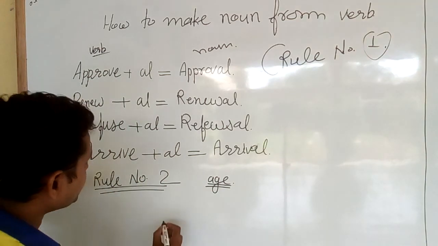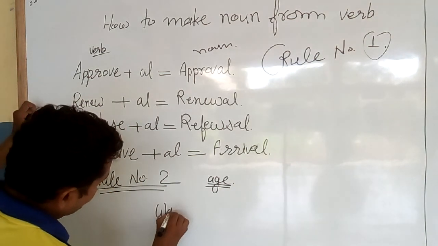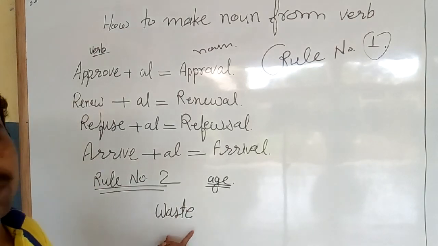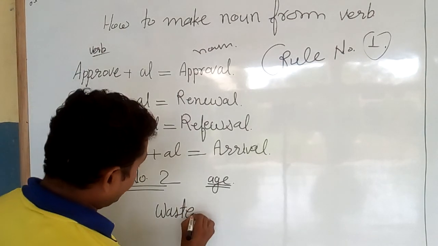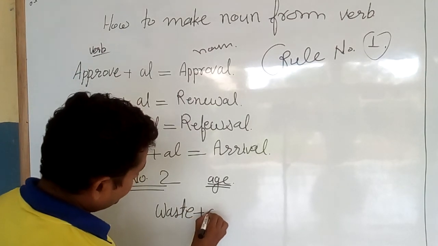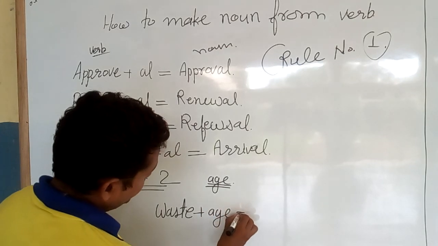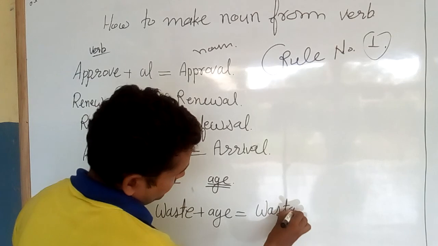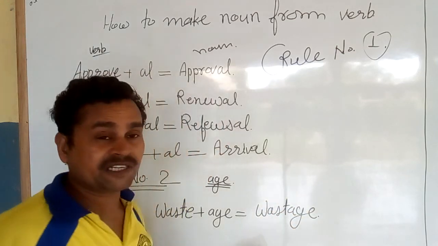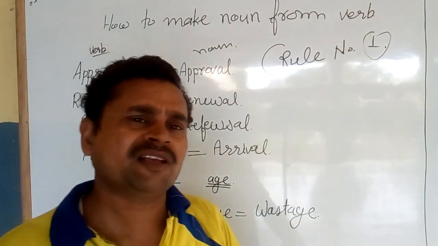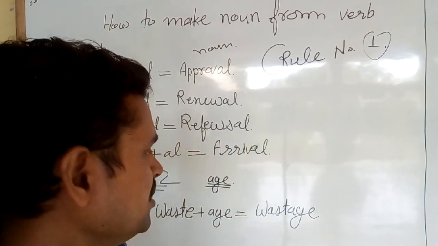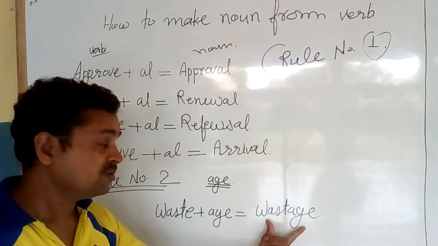For example, waste. This is also a verb, but you can add age. It will be wastage. Wastage means useless thing, and that is called a noun.